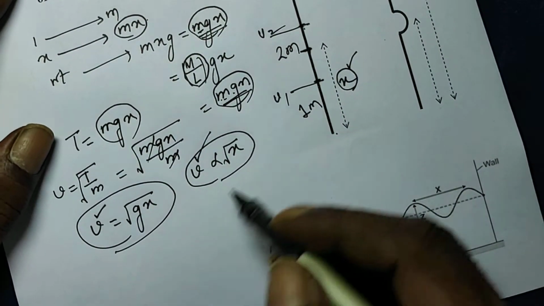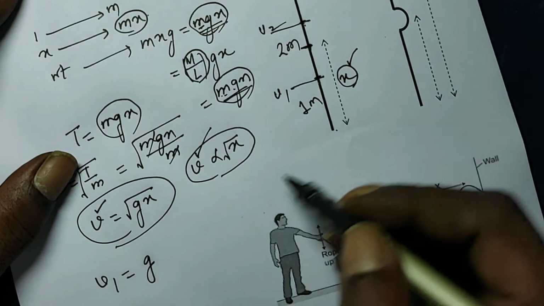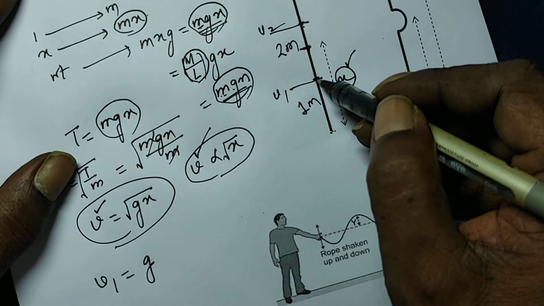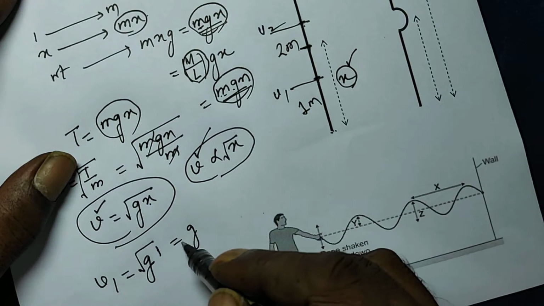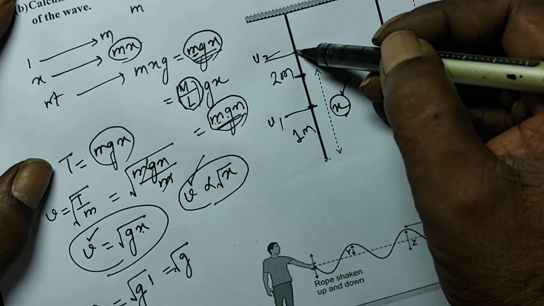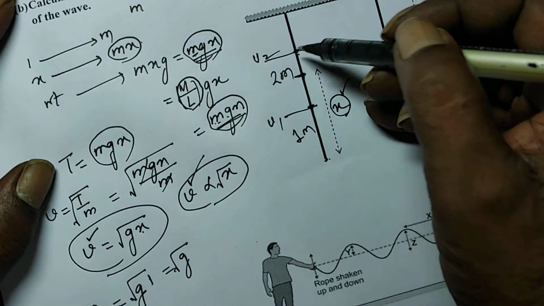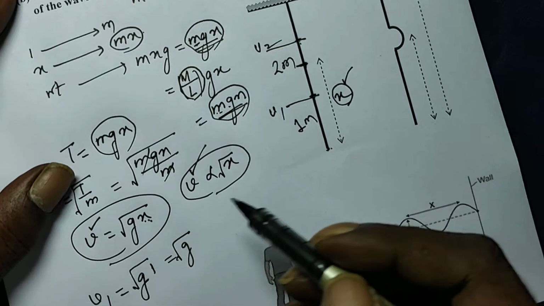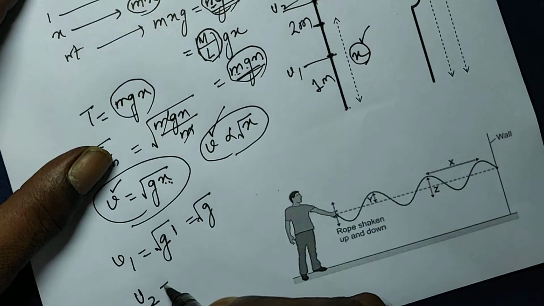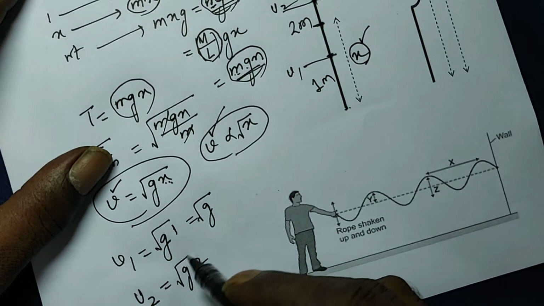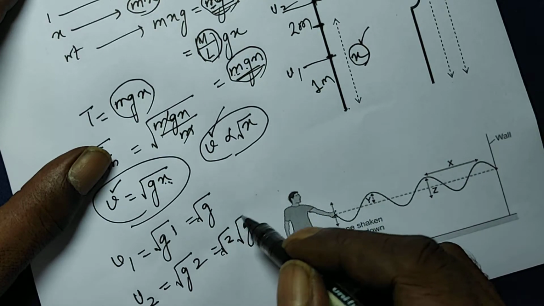Then for v1 you have to write square root of g times 1, since this point is 1 meter from the free end. And if this point is at a distance 2 meter from here, then in this expression you put x equal to 2, so v2 is equal to square root of g into 2, that is root 2 times this.